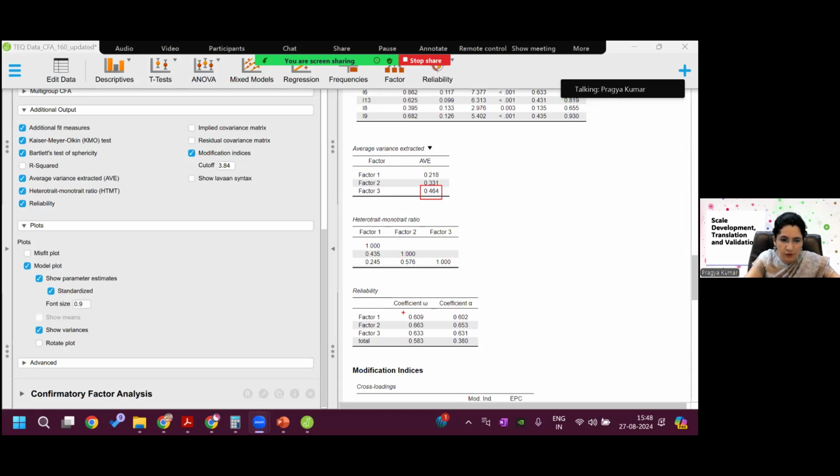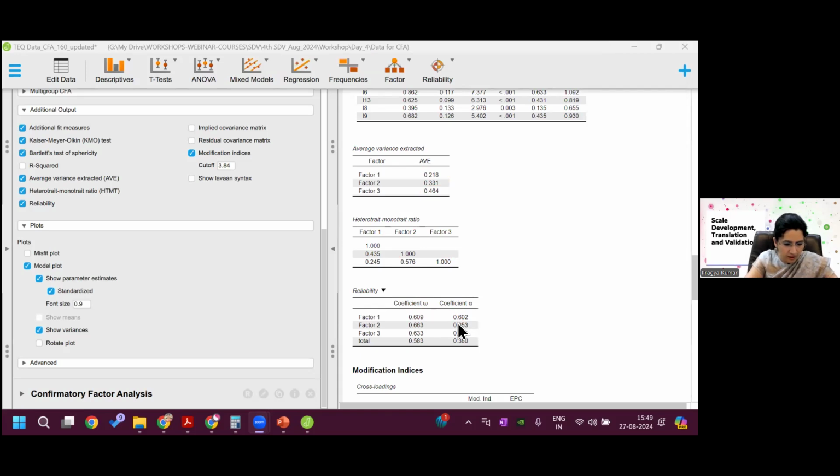If you see the coefficient gamma or alpha, don't call it Cronbach, we call it coefficient. None of the values is above 0.7. It is near 0.6. So again, you can say that convergent validity is not met.